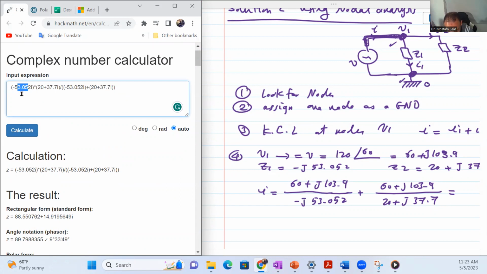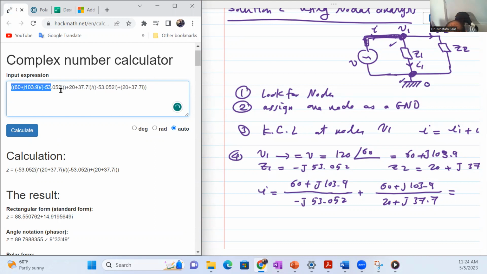We have already written Z1 and Z2, so we just need to write V. V is 60 plus J 103.9, and we're going to put a bracket around V1 over Z1, and then plus. There is an underscore, so we should remove it.